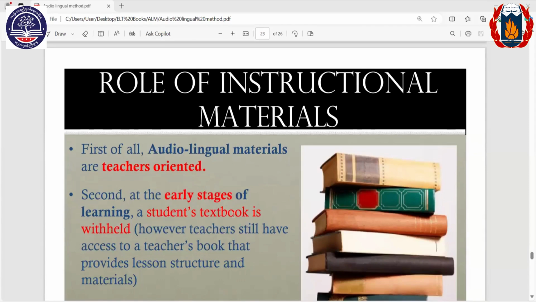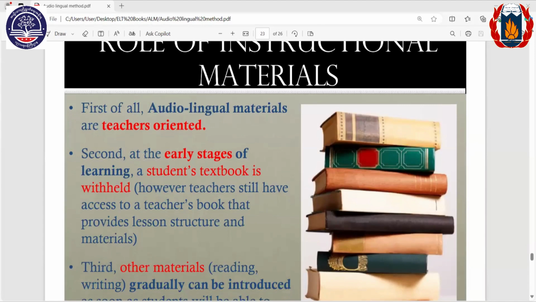The next thing, let's see the instructional materials. Audio-lingual materials are teacher-oriented because the teacher is the leader in the classroom. The teacher needs to start first, and then students will imitate and follow after the teacher.